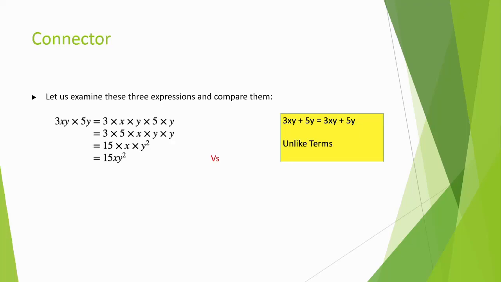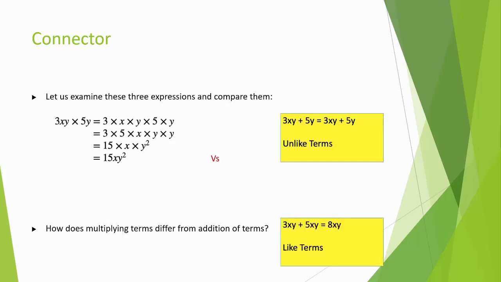Whereas if we're trying to add those two terms, 3xy plus 5y, we can't because they're unlike terms. So how does multiplying the terms differ from adding terms? You might want to revise by clicking the card in the top corner so that you can have a quick look at adding and subtracting like terms, and then you can come back to this video if you've forgotten.